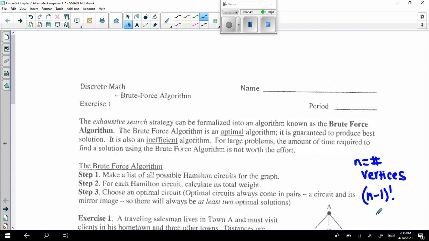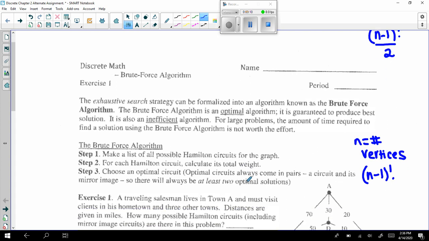And that includes both the circuit and the mirror image of that circuit. So what you guys might remember is that we did (n minus 1) factorial divided by 2 because those are the original ones, but we're just going to use this (n minus 1) factorial to get you through this, okay?